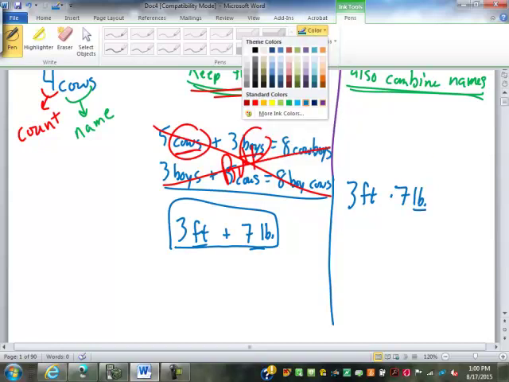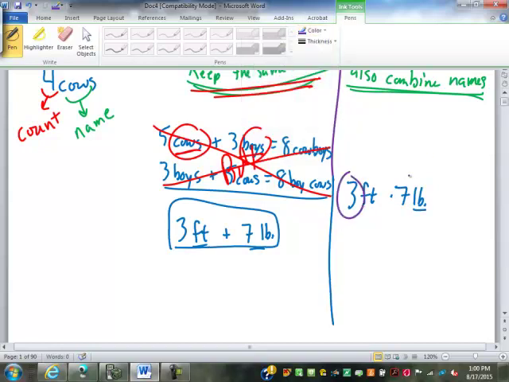Well, I'm going to combine the counts. What's 3 times 7? 21. And then I'm also going to combine the names. What's feet times pounds? Foot-pounds, which is a unit of torque or moment. When I multiply, I don't need the same name because I'm just going to combine the names.